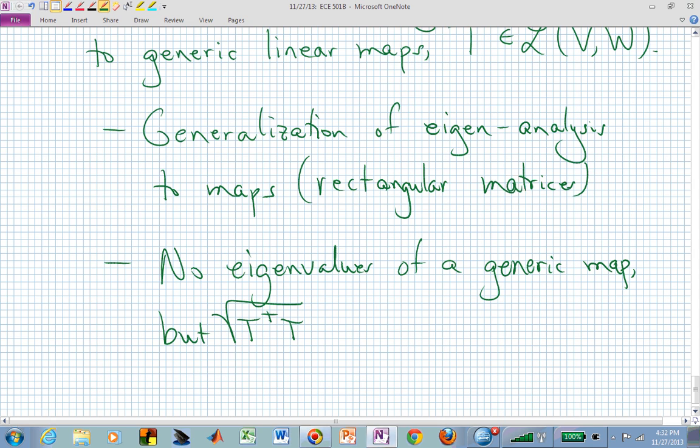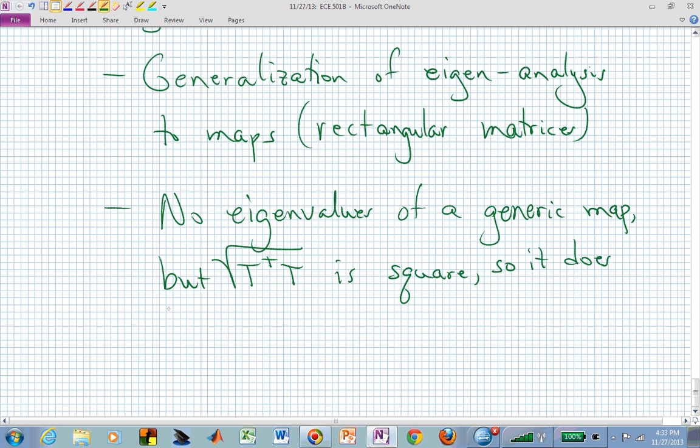We're taking these positive square roots of these T dagger T eigenvalues. So this guy is square, and because of that, it does possess eigenvalues.